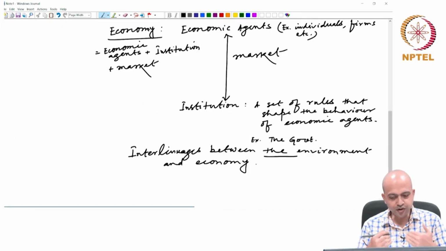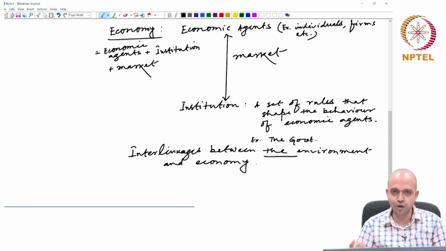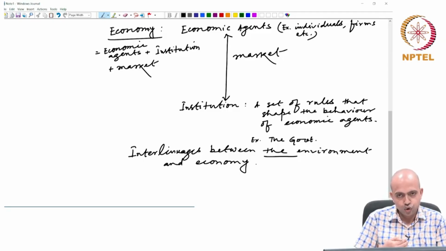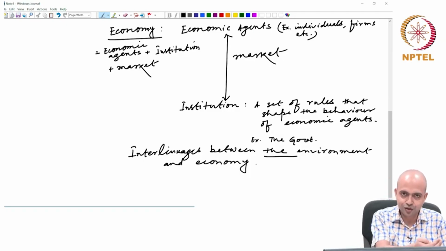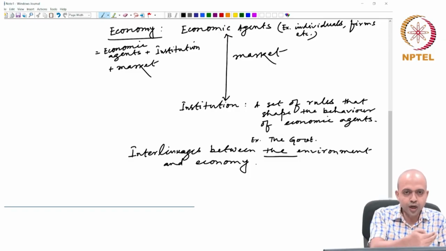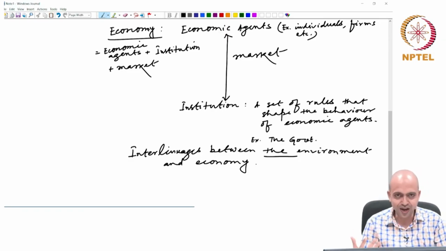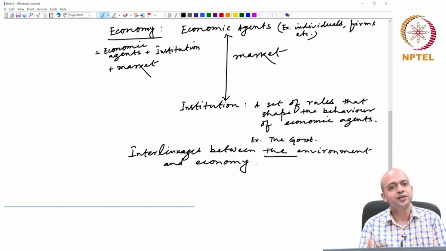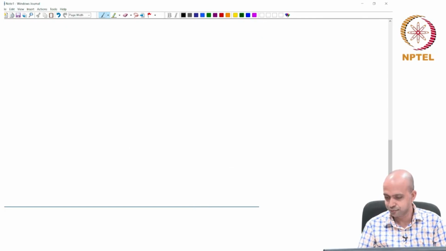Okay. So, we are trying to understand the interlinkages between the economy and the environment. That means how the economic agents' decision making affects the environment and how the environment in turn gives a feedback which will again shape the behavior of the economic agents.